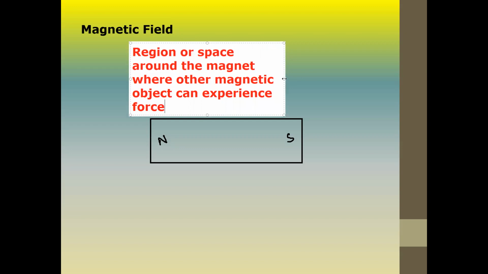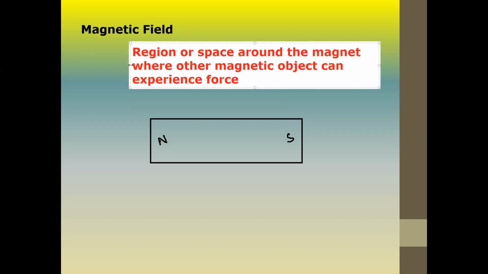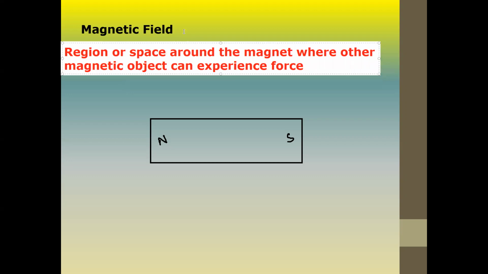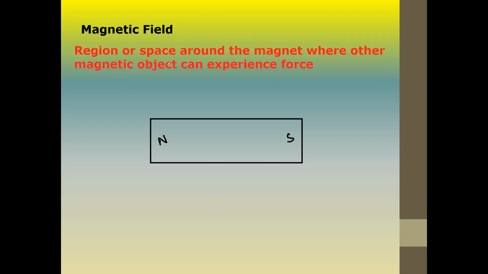So the region around the magnet where other magnetic material can experience the force, that space or region is known as the magnetic field.